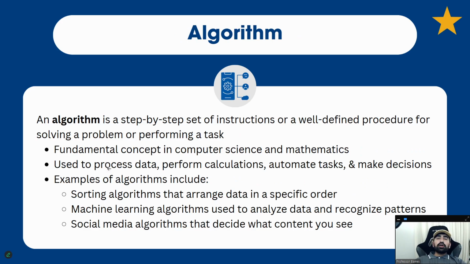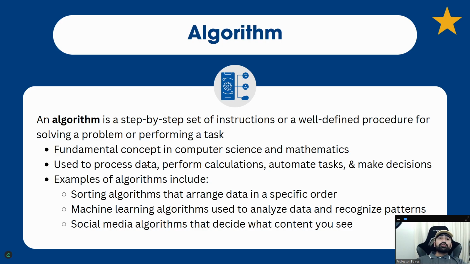Another term we've probably heard a lot in tech, especially in social media, is the YouTube algorithm or the Instagram algorithm. Well, an algorithm, by definition, is a step-by-step set of instructions or a well-defined procedure for solving a problem or performing a task. So this is a fundamental concept in computer science and in math.